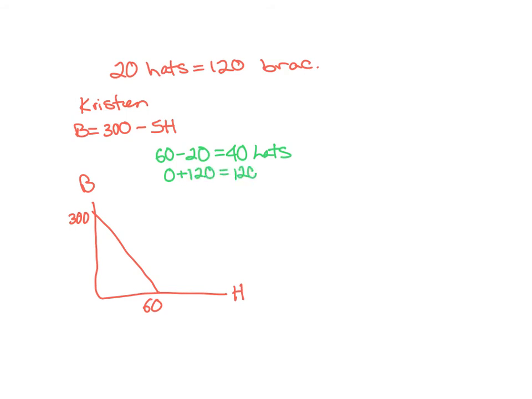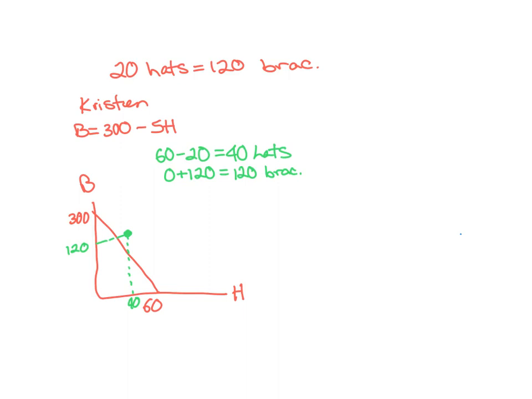So she ends up with 120 bracelets. If we graph this here on her production possibility frontier, 40 hats is about here. And although I didn't really draw this to scale, 120 bracelets will be somewhere like this. In other words, she's going to end up beyond her personal production possibility frontier.